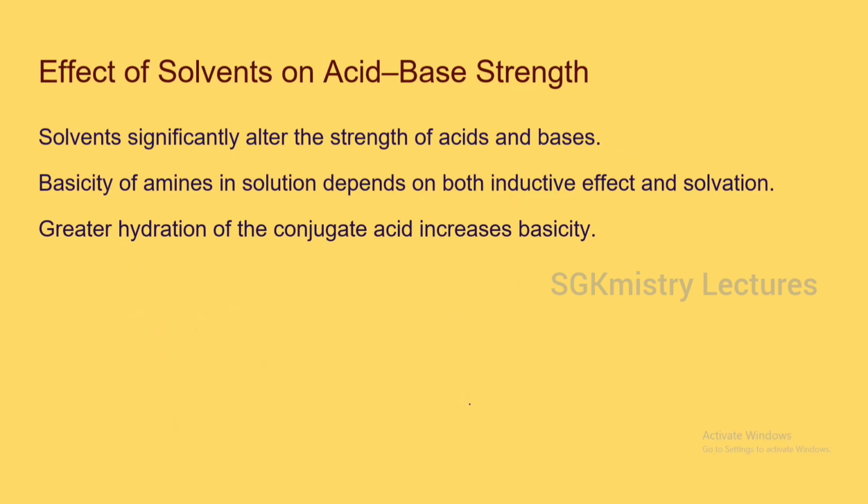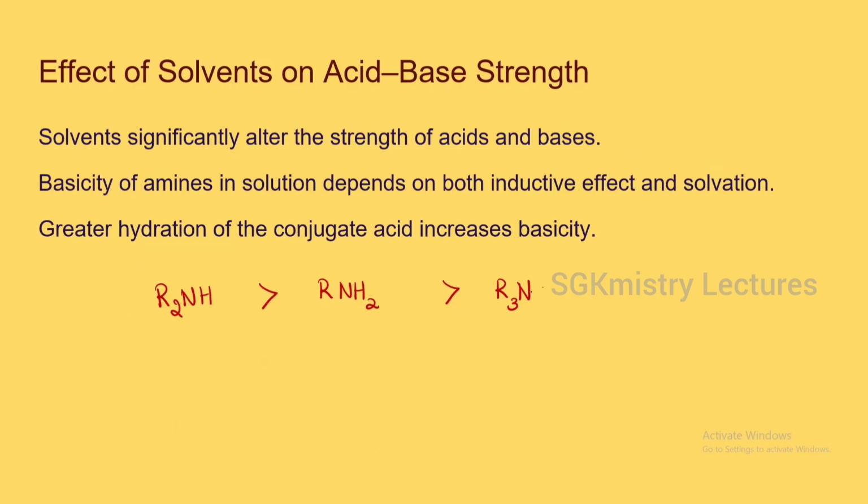Okay. So next, talking about the effects of solvents on the acid-base strength. Solvents play a very great role in deciding the basicity of the amines. So R2NH, that is the secondary amine, is more basic when compared to the primary amine, that is RNH2, which is again more basic when compared to the tertiary amine.